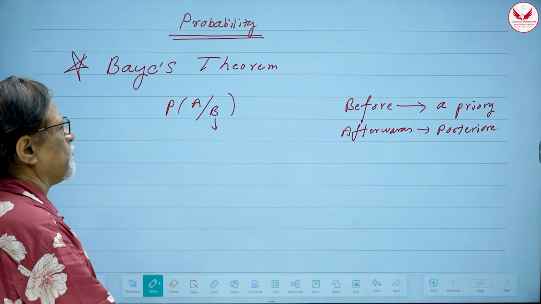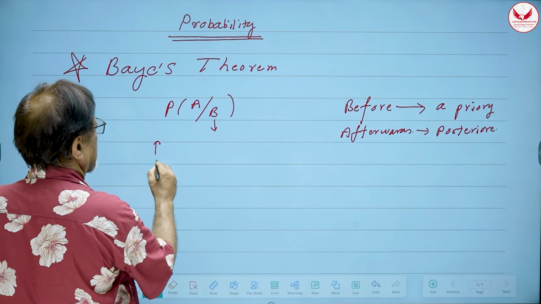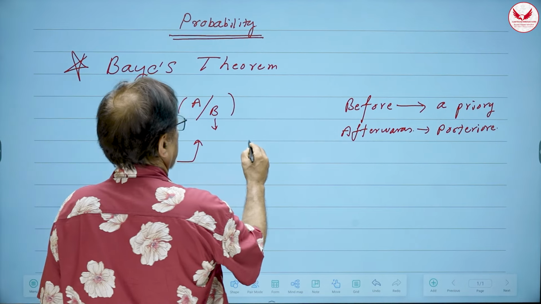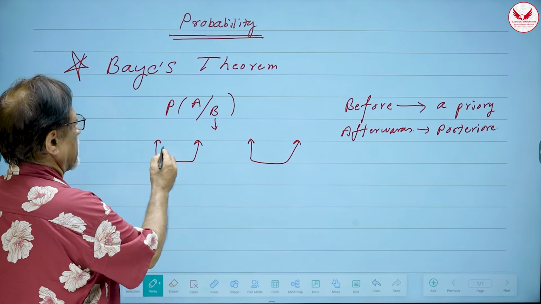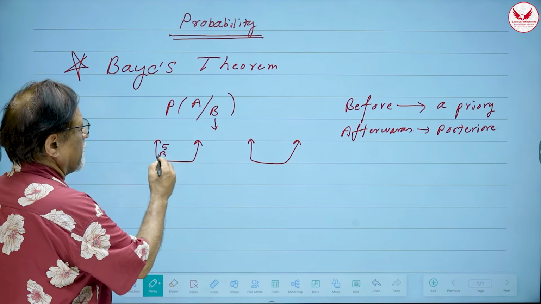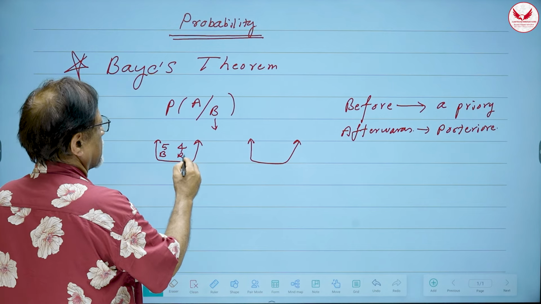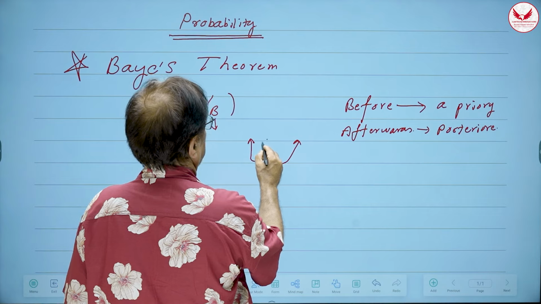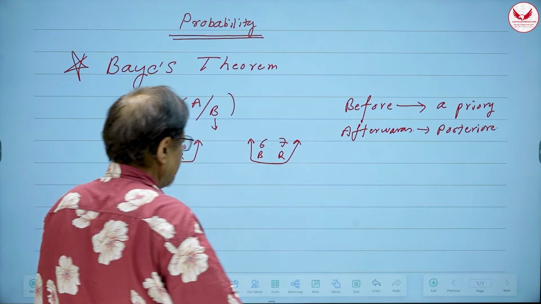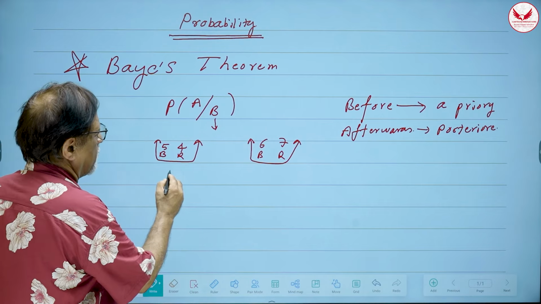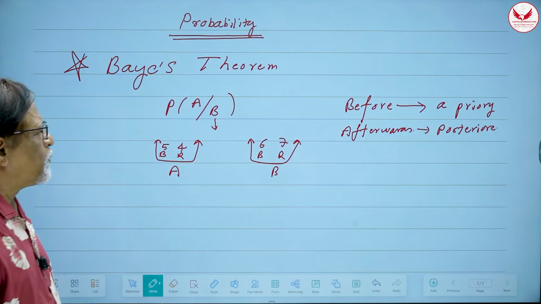Let us take an example so that my statement will be clear to you. Let us imagine there are two bowls. This bowl contains, let us say, 5 black balls and 4 red balls, and here 6 black balls and 7 red balls. This bowl let us call A and this bowl let us call B. Now I am talking about two events.